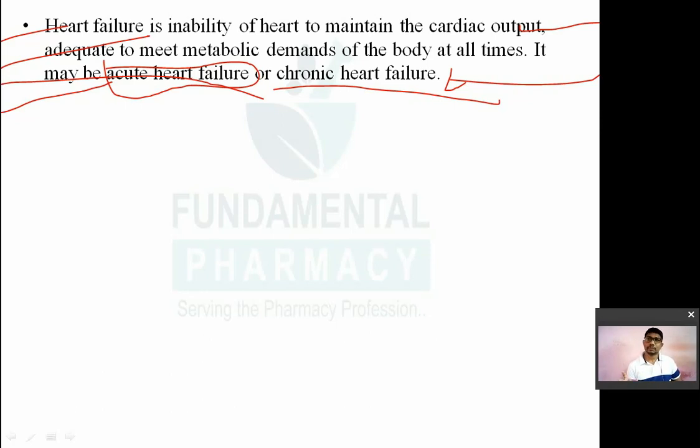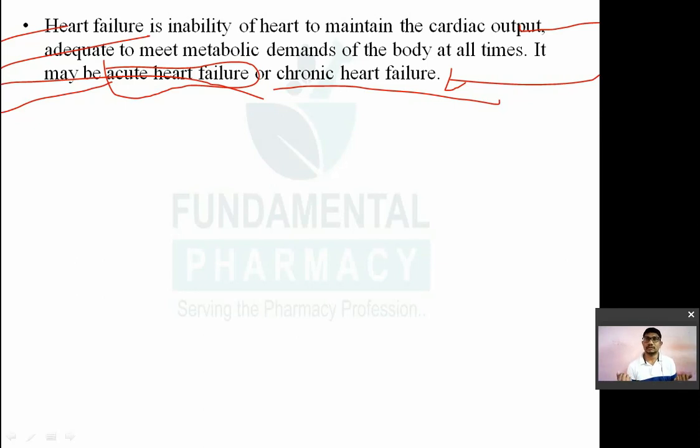But if you start doing exercise, what will happen? Your cardiac output will increase. Your muscle cells and body need more blood. During exercise, your need of oxygen and blood is increased, so in turn the cardiac output need is also increased.